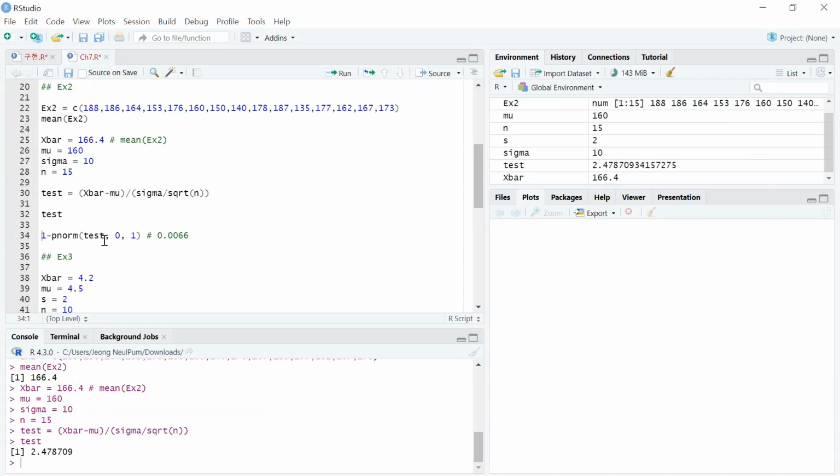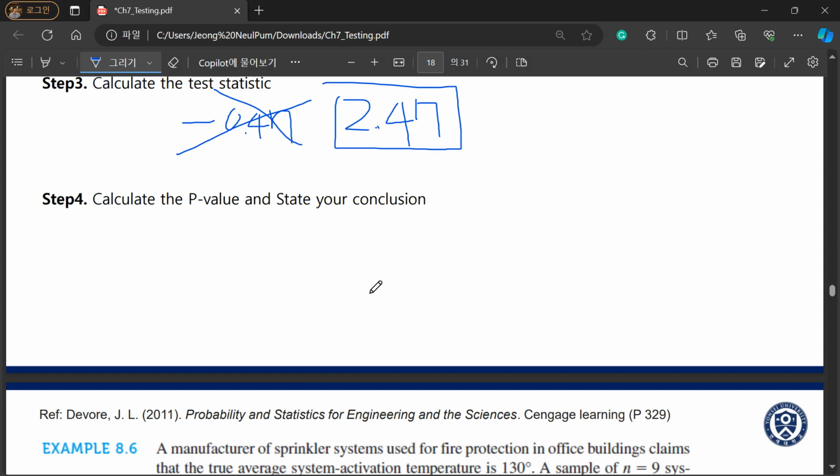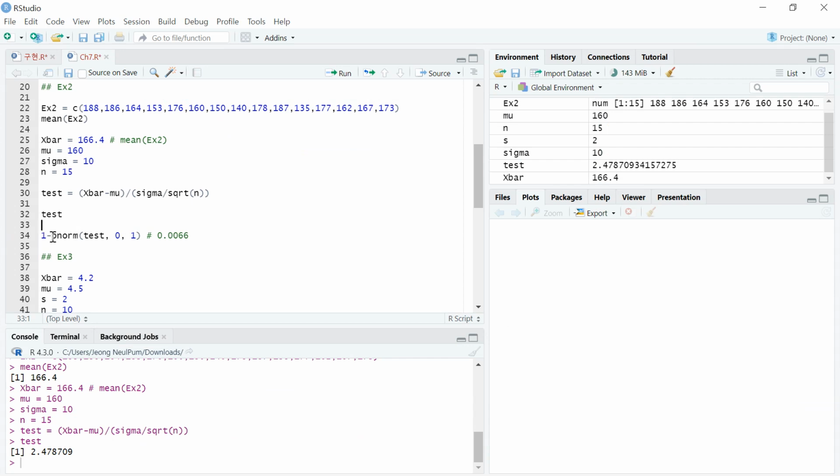Because we know that our test statistic follows the standard normal distribution, we have to get the p-value by using this formula.